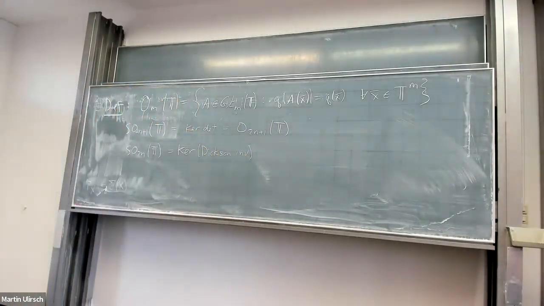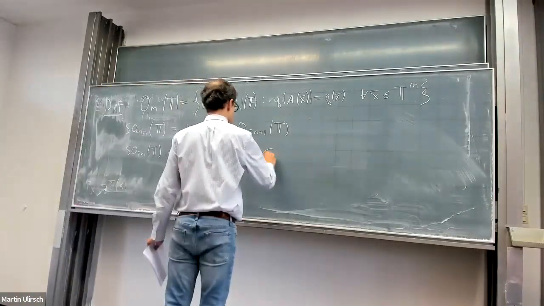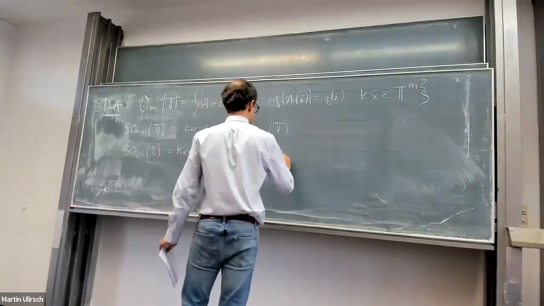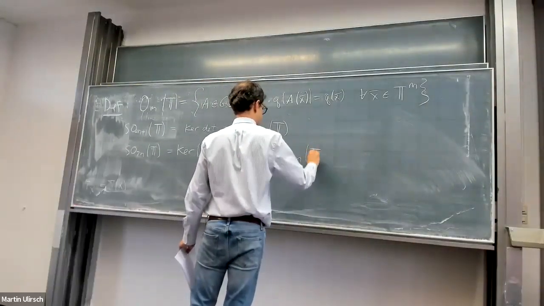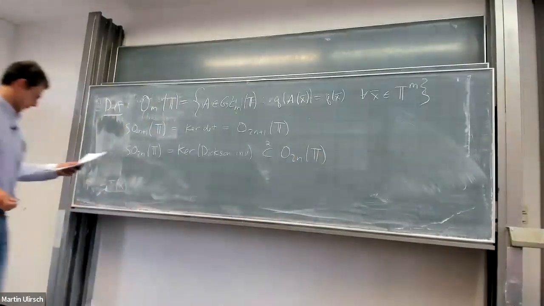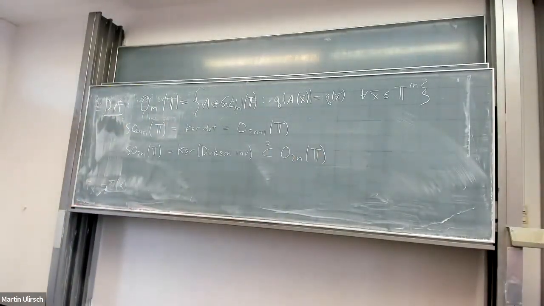It's the number of terms in a factorization of your matrix as a product of reflections mod 2. And so in this case, this is actually an index 2 subgroup of O_2n(T). You can define the tropical Dixon invariant and get this thing.